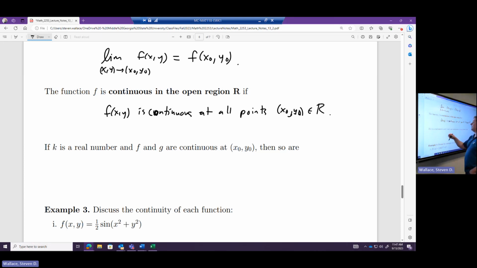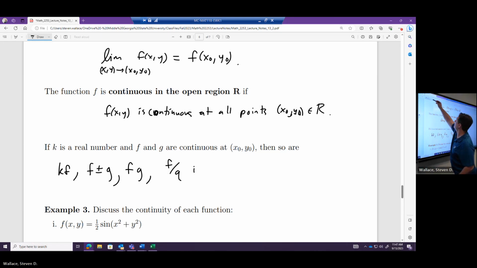So that is, say, if k is a real number and f and g are continuous, then so are k times f, f plus or minus g, f times g, and f over g if g of (x0, y0) is not 0.